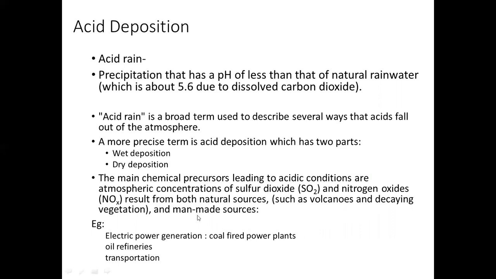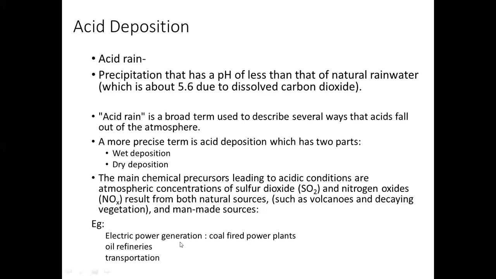When we talk about man-made sources, mainly the power generation sector is responsible for the emission of SOx and NOx. When you talk about the power generation sector, renewable energy such as hydropower plants, solar power plants, and wind power plants are not responsible, because they do not emit carbon dioxide and other gases.